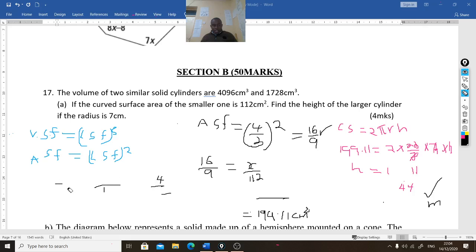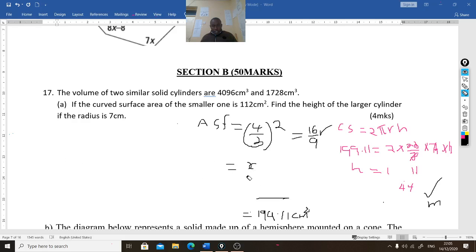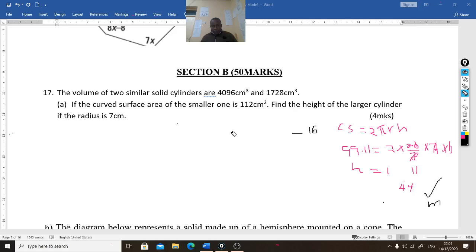Now part B of question 17, we are talking about a cone and a hemisphere. So you must remember the volume of a cone and the volume of a sphere.